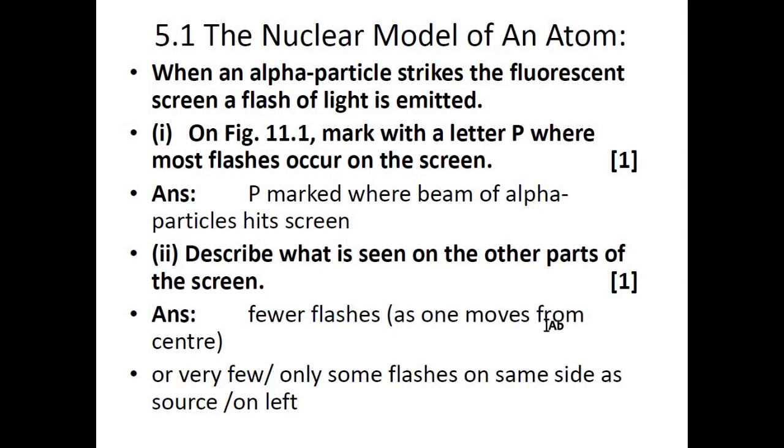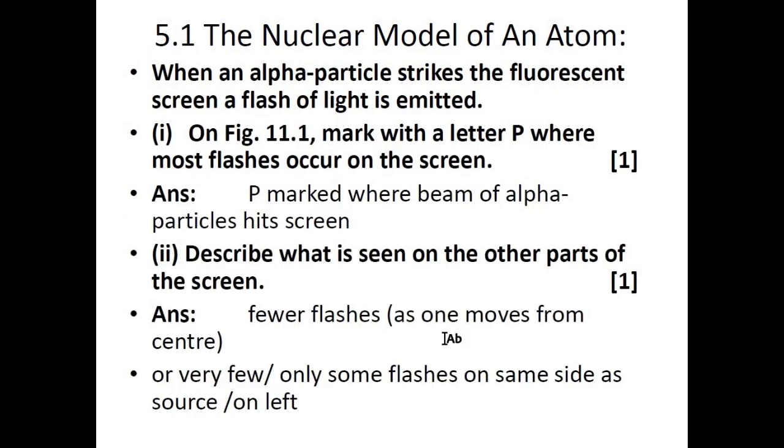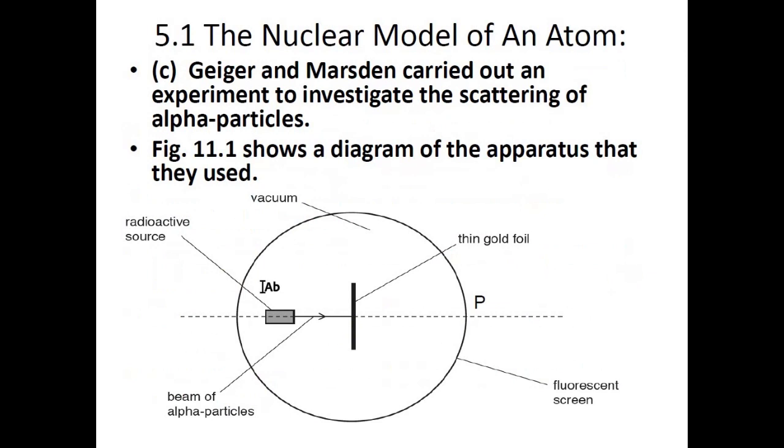Describe what is seen on the other parts of the screen. You would see fewer flashes of light at a smaller angle from this P, or very few or some flashes on the same side as the source. That means on the left, because this whole thing is your fluorescent screen.